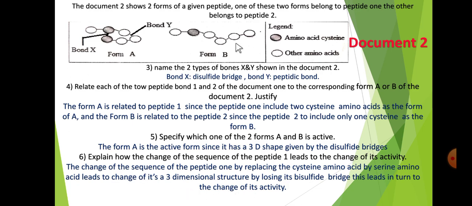Because in peptide 2 we have only 1 cysteine, and the other cysteine was replaced by serine amino acid. Since there is serine, we don't have a second cysteine, so there will be no disulfide bridge between two cysteines. Because of that, this peptide will not have a 3D shape, so it will not be functional and its activity will change.